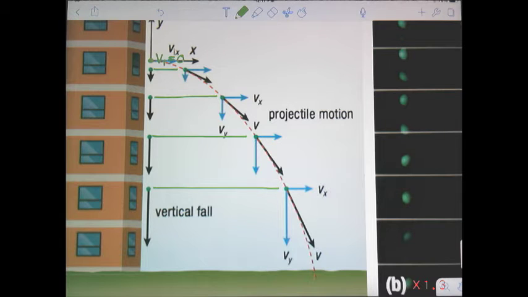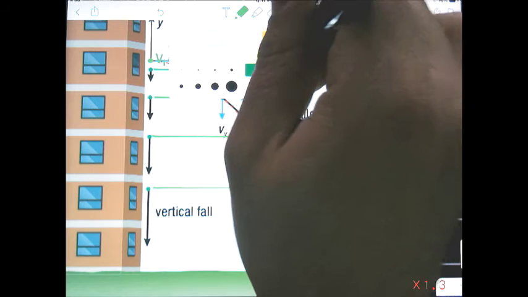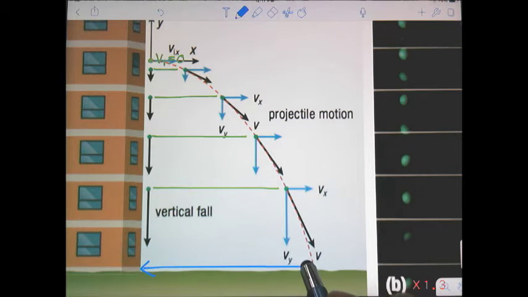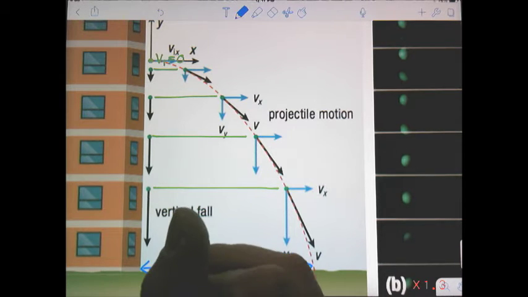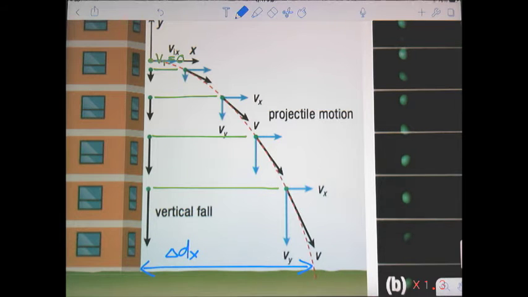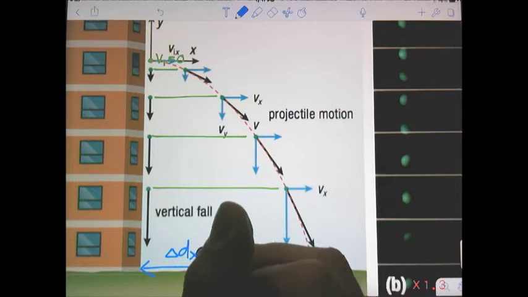Now the difference between these two has to do with the fact that the projectile will cover a horizontal distance. And this horizontal distance, x for horizontal, is called the range.